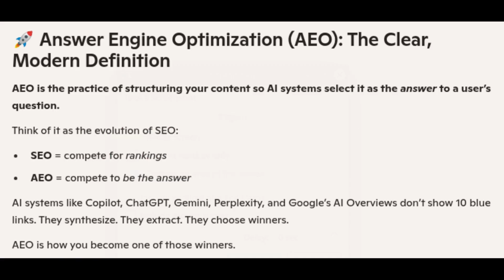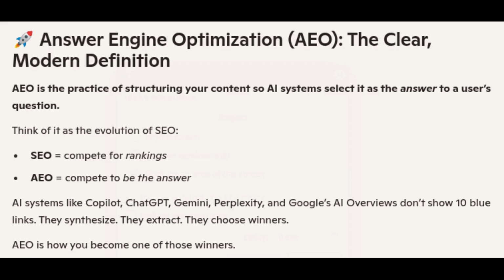Think of it as the evolution of search engine optimization, or SEO, a term you may have heard web developers mention, where they're trying to get content ranked high when searches are done on search engines such as Google. The AEO, though, competes to be the answer. In other words, if you ask it a question, you would expect to get a direct answer.